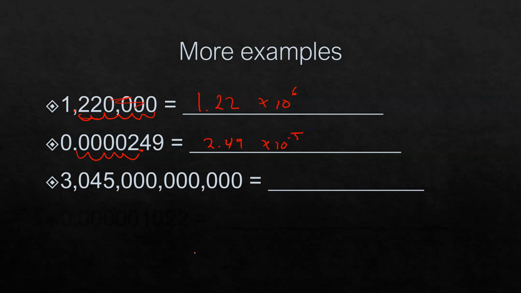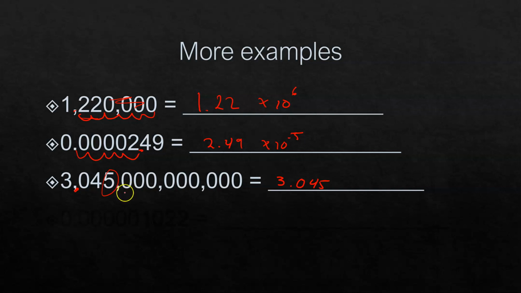All right, let's go an even bigger number. So we got, going to put our decimal right there. So 3.045. Now notice in this case, I'm going all the way out to my last non-zero number. Now we won't always do that, right? But for now, that's the way we're going to do this.